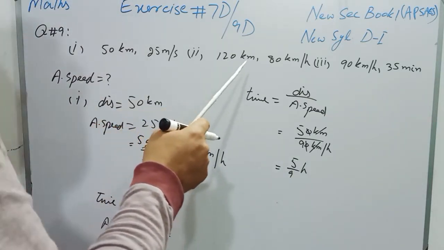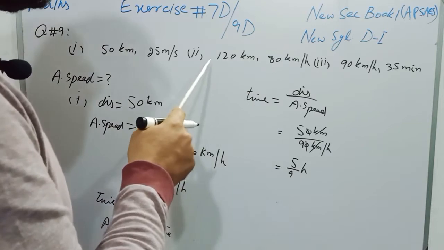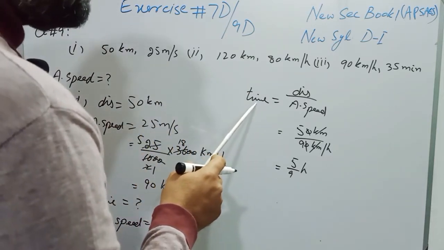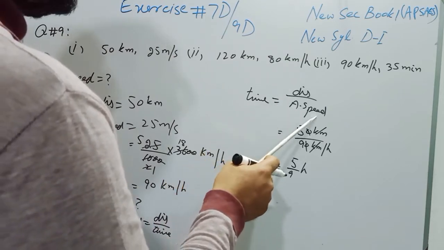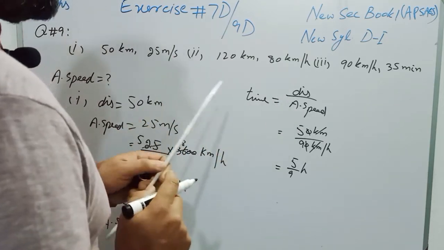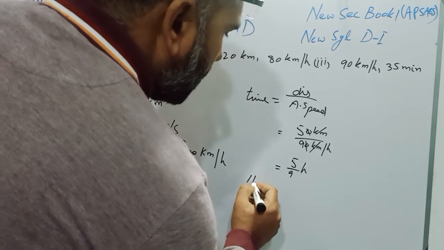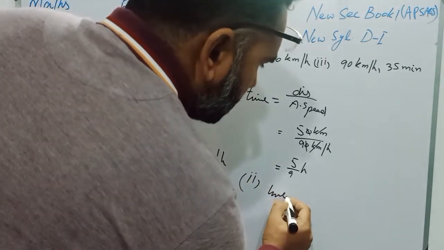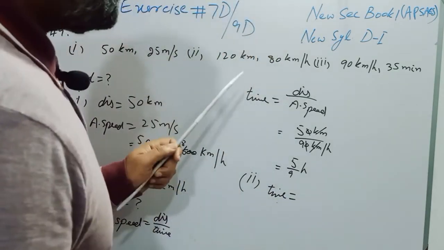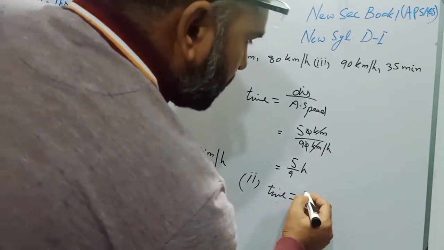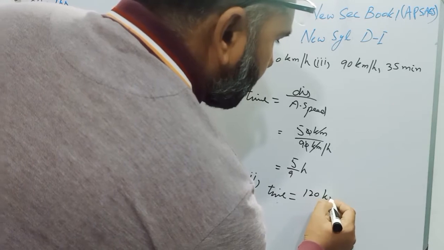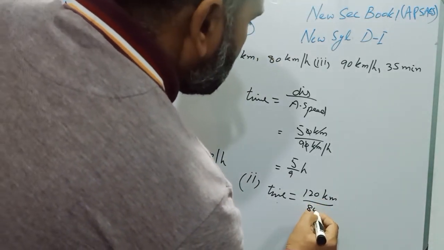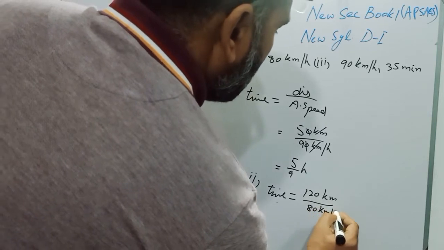Now students, I will find the time for the second part of the journey. Again the formula will be distance over average speed is equal to time. So I am going to solve second part, and in second part, time is equal to distance, and distance is 120 km, and average speed is, students, 80 km per hour.